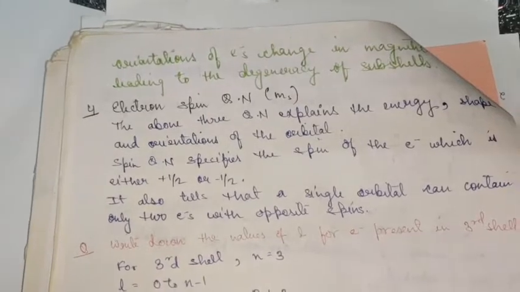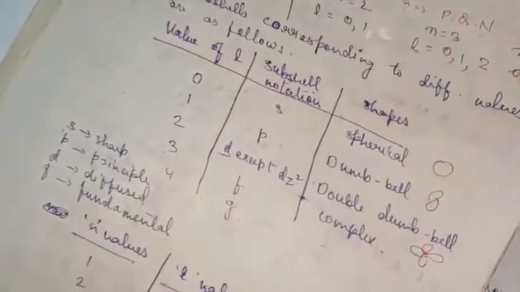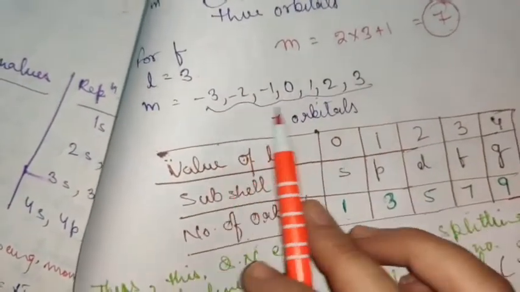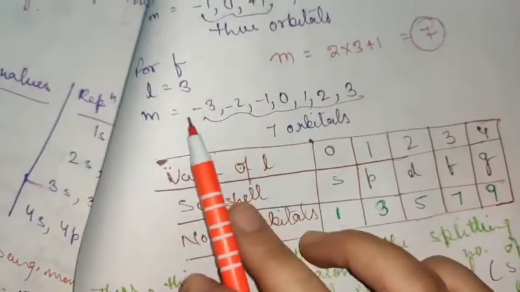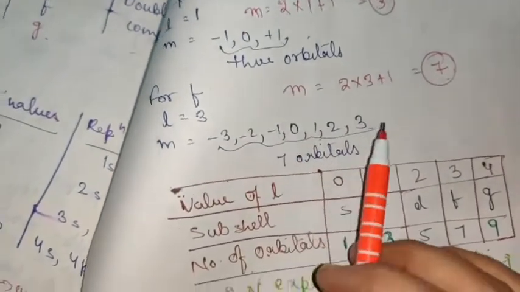You saw that for one particular subshell, suppose F, there are these particular orientations possible, 7 orbitals. That means each subshell is split into so many orbitals.